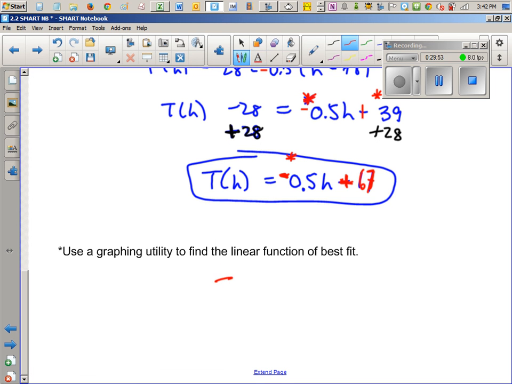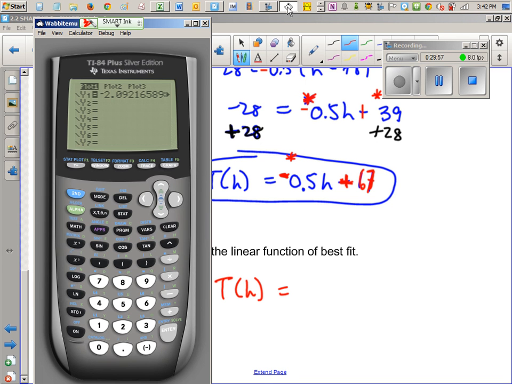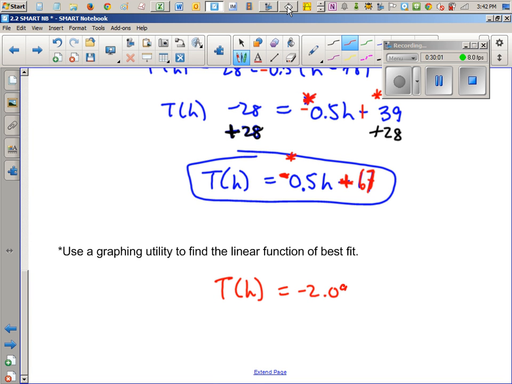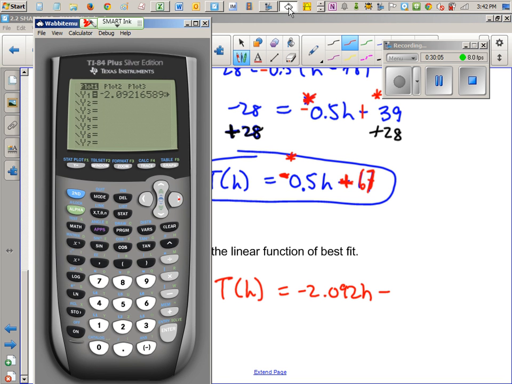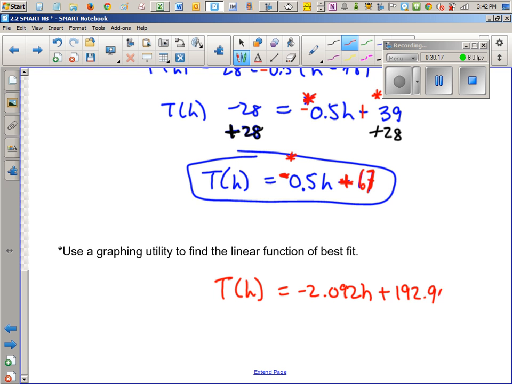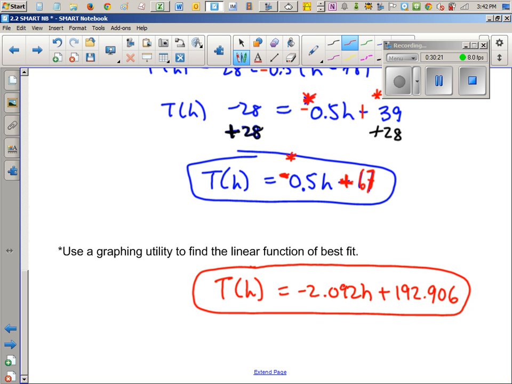Well, why don't we write it in, we were going to write T of H. So we have negative 2.092h, minus, actually I think it was plus, let's go over here and see. Yeah, it was plus 192.906, and this is the linear function of best fit.